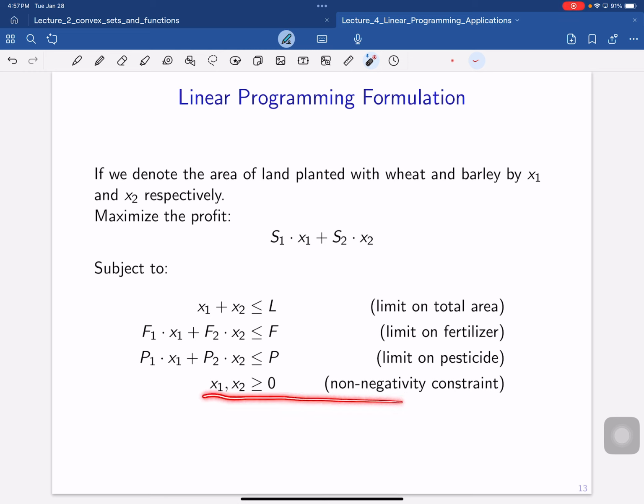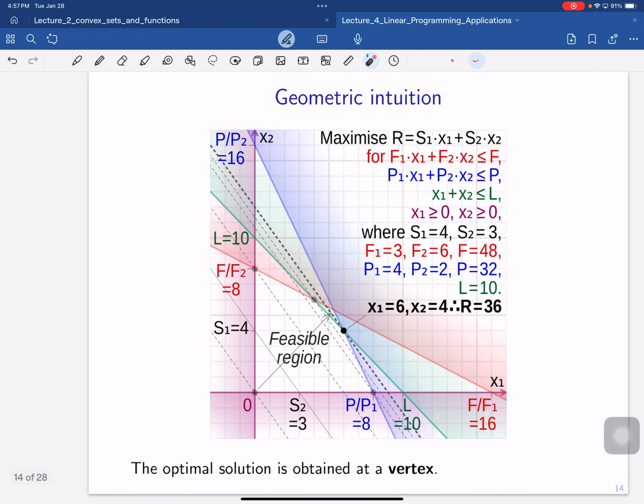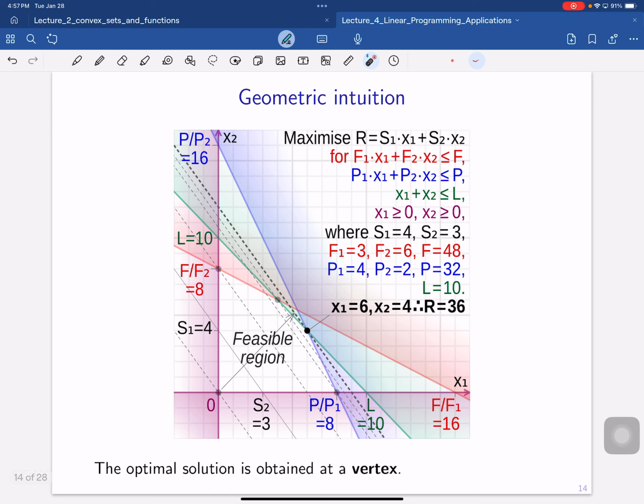These variables have to be non-negative, right? Okay, so hopefully this should be very obvious. So let's plot the feasible region of this problem and the optimal solution by making up some numbers, right? And then you will get a key observation from this problem.